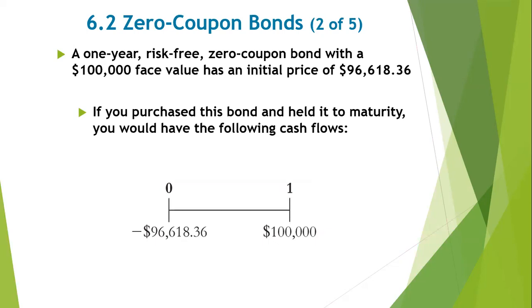Now, if this bond is acquired and held until maturity, the cash flows would unfold as you see here on the screen. Despite the absence of direct interest payments, as an investor, you will receive compensation for the time value of your money when purchasing the bond at a discount to its face value.